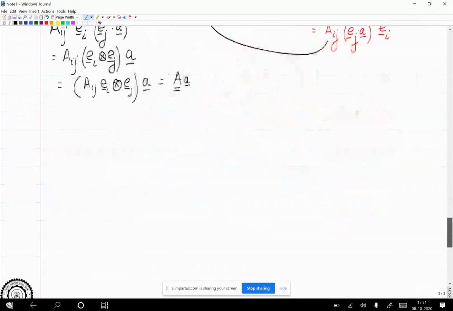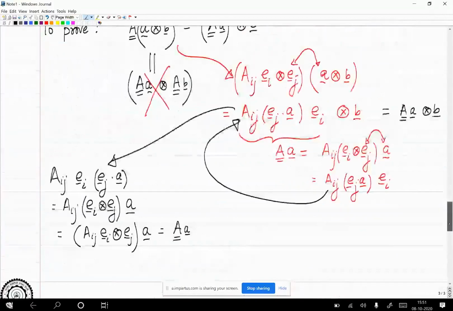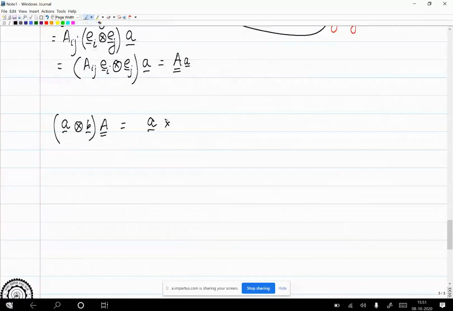Likewise, there's another identity, which I haven't written yet. It is that A tensor product B multiplied with A, but on the right, is equal to A tensor product A transpose B. So can we prove this?